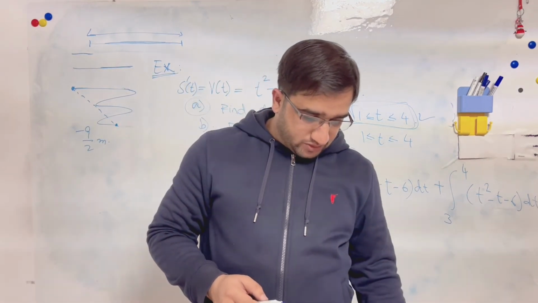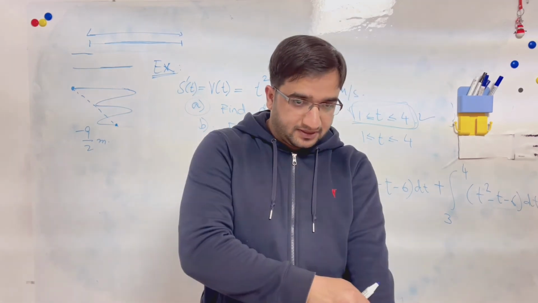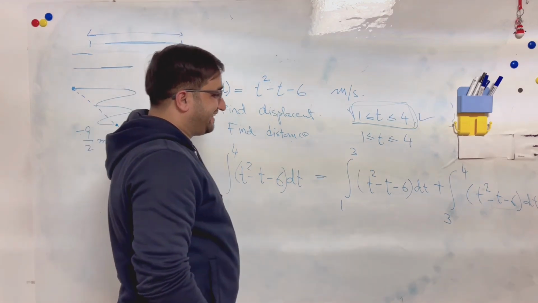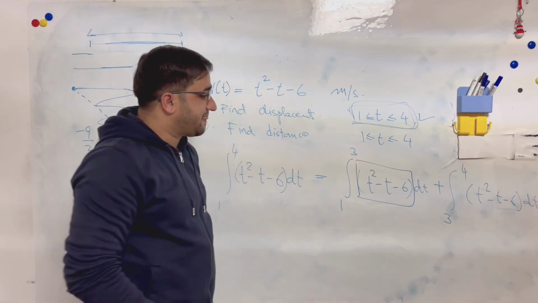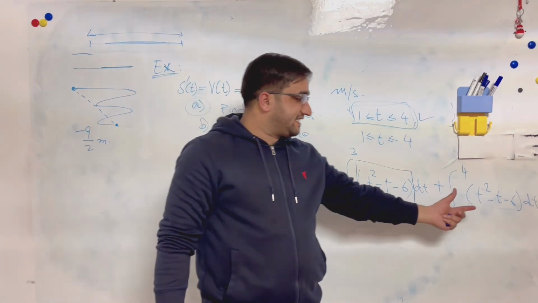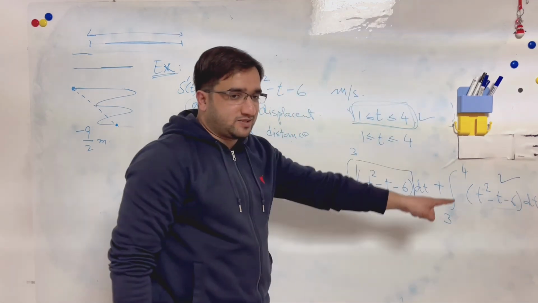Now, what will we do? This guy is creating a negative distance and this guy is creating a positive distance. So this is okay. This is okay.